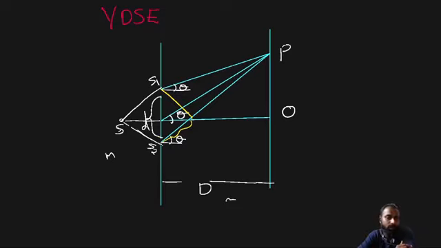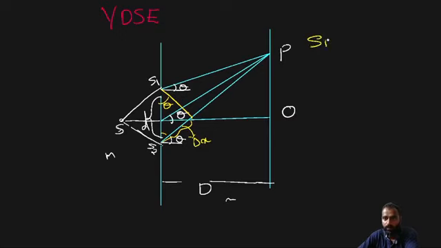What is that? We can use geometry. This will be 90 minus theta, and this is 90, so this angle is theta. This angle also should be theta. This is d. This I am considering as my delta x.